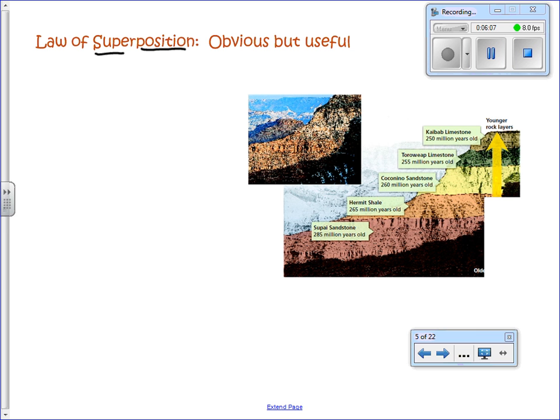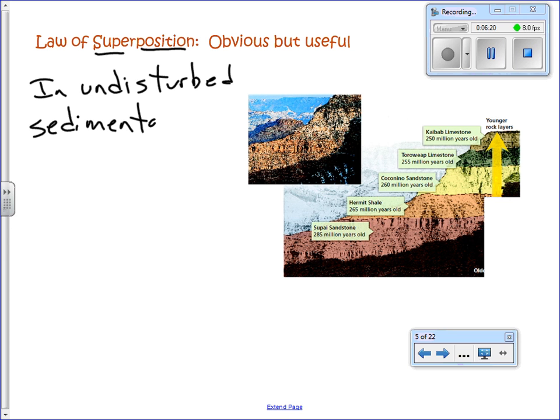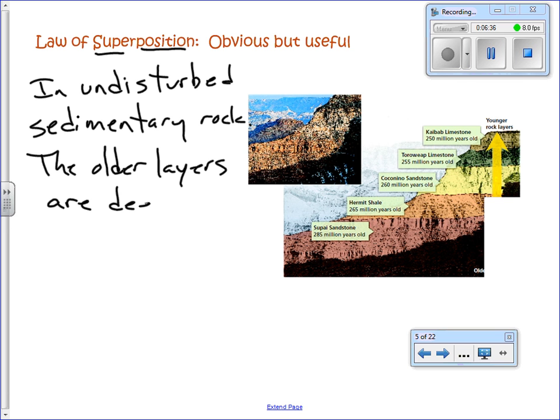Okay, so the law of superposition is in undisturbed sedimentary rock, the older layers are deeper and the shallow layers are newer.